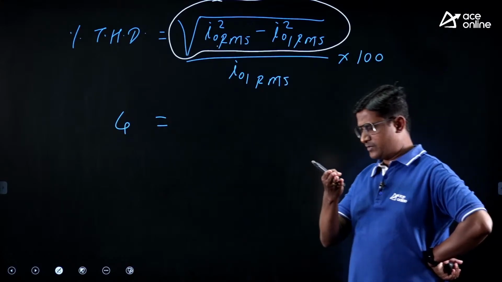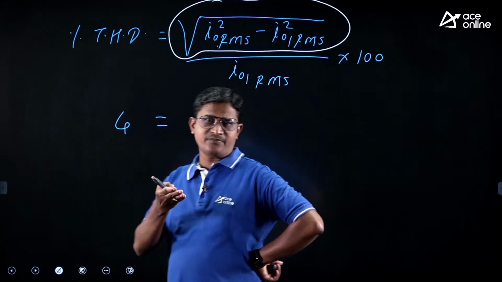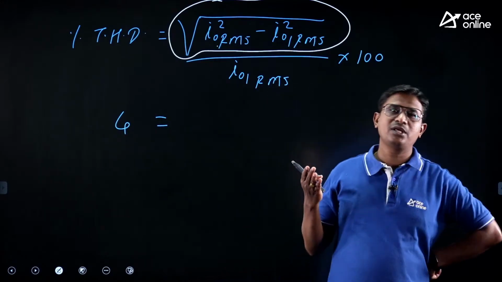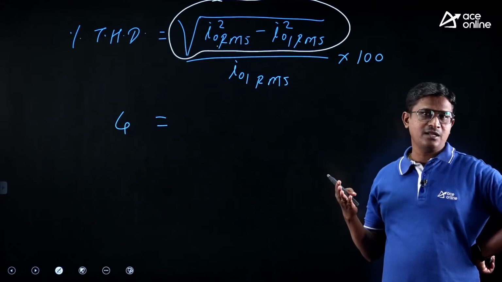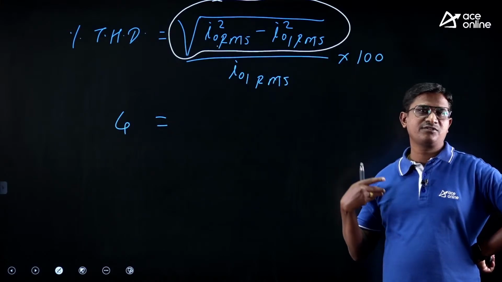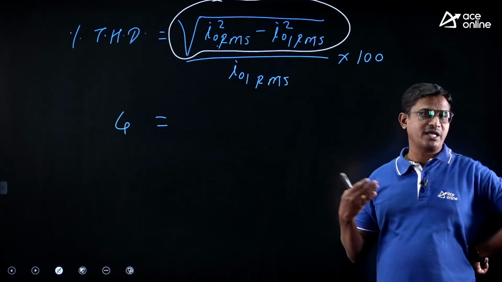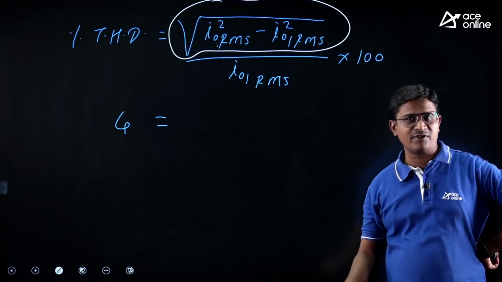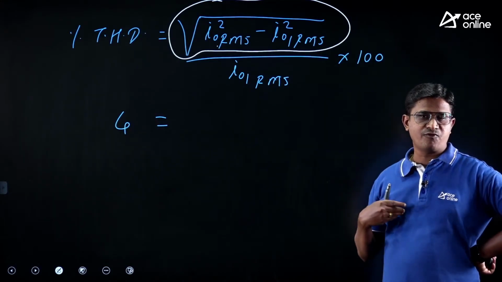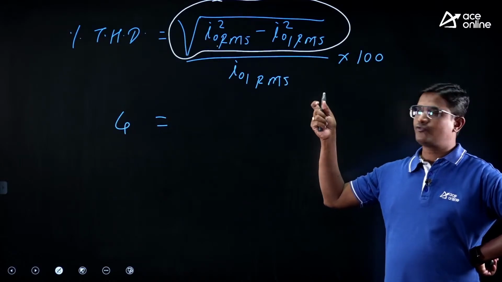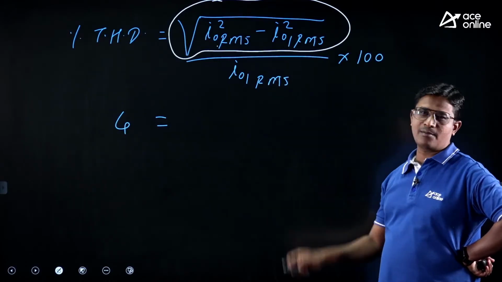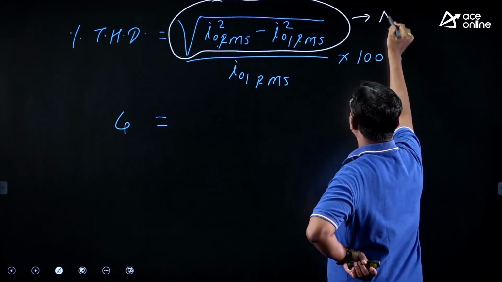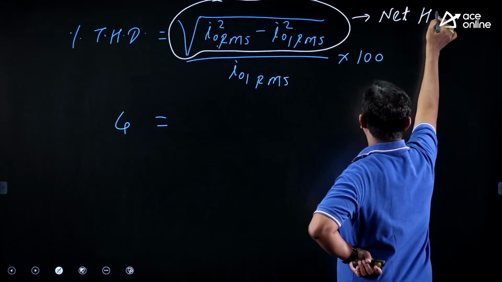Recall the inverter expression. We know in case of inverter, output voltage and output current consist of only odd harmonics, right? In that, fundamental component is there, 3rd harmonic, 5th harmonic, 7th harmonic, etc. So addition of all these harmonics and fundamental component will form your total load current. So from total load current, if I subtract fundamental component, then I will get only net harmonic current.